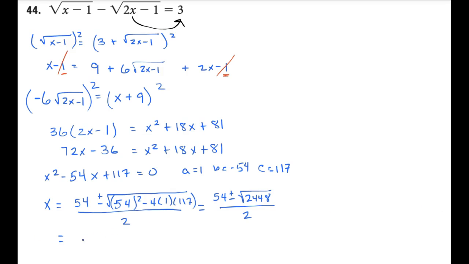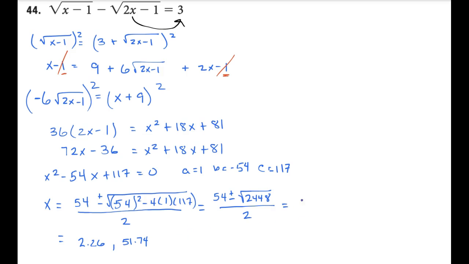So go ahead and try that. And then what you should get in your calculator, when you subtract the number under the radical, you'll get 2.26. And when you add it, you should get 51.74. Okay? So those are your two choices.